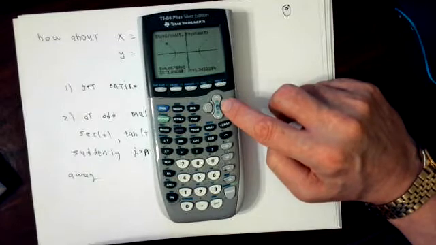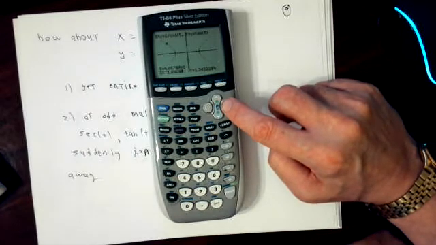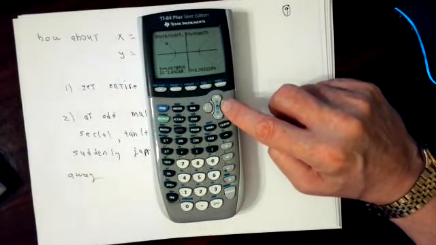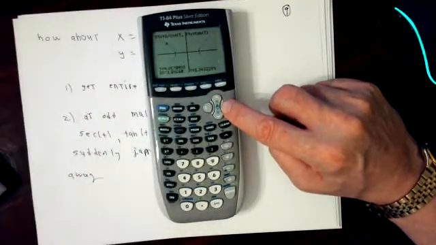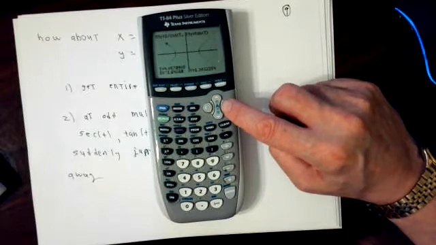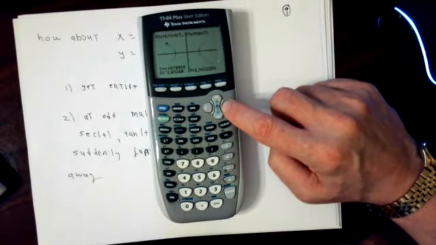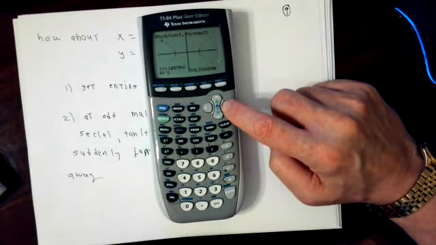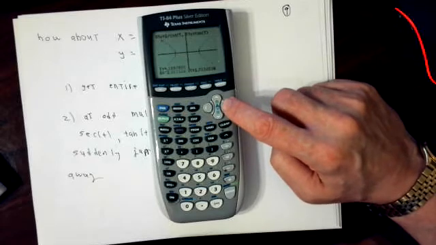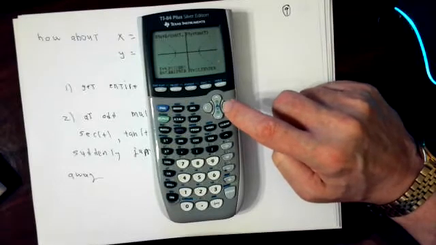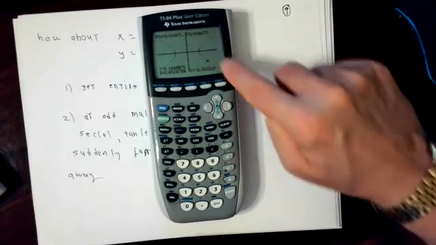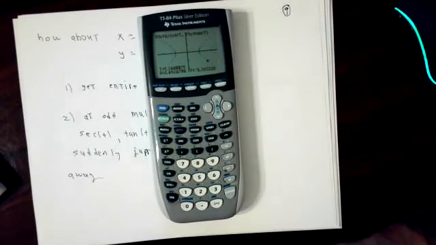X is negative, y is positive, and you would think that as I continue increasing the t, I would just continue going out in the direction I'm going, but that would be wrong. Increase t some more, a little more, and all of a sudden I'm over here now.